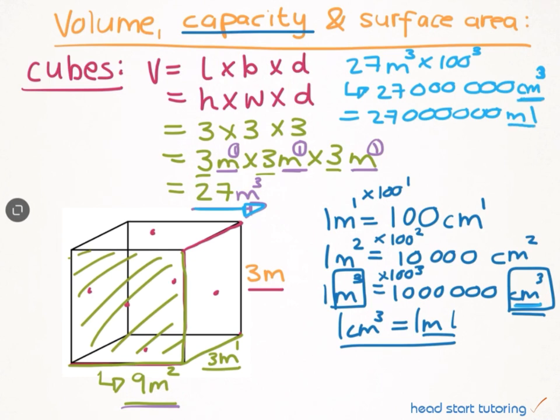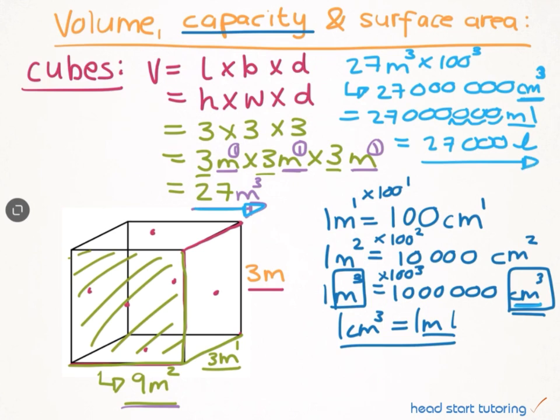Now, because this is quite a big number, we can divide our milliliters by 1,000 to get our answer in liters. We divide by 1,000 and we end up with 27,000 liters. So that's the answer for the capacity of this cube.